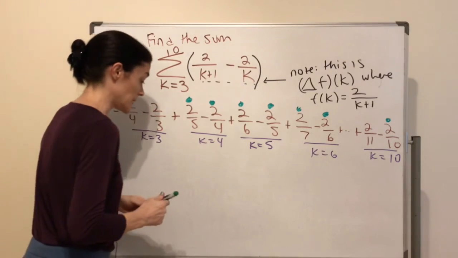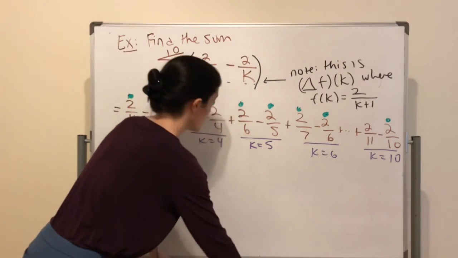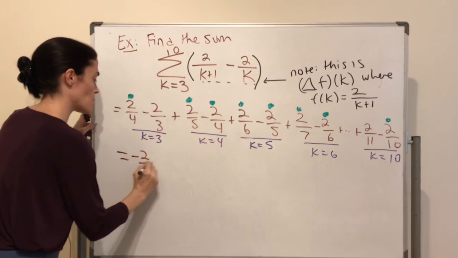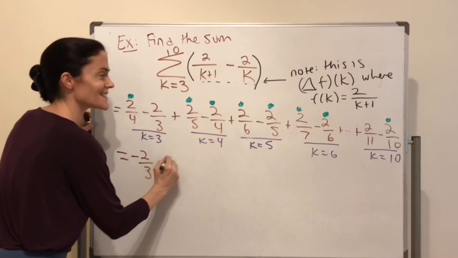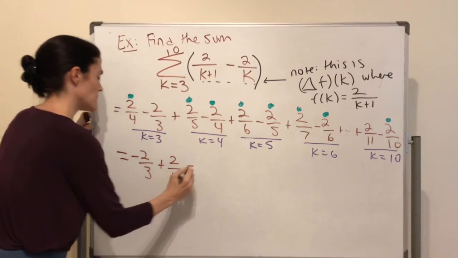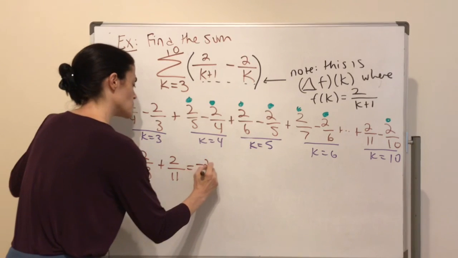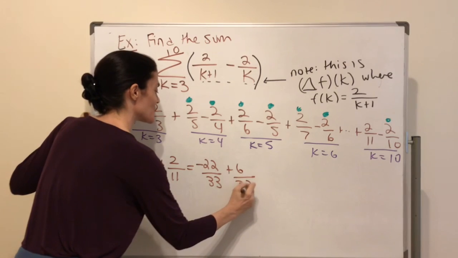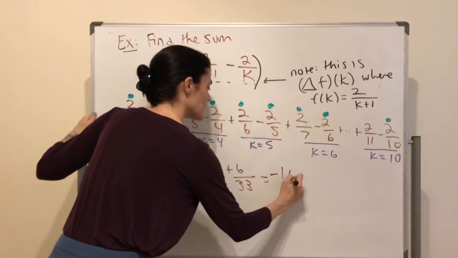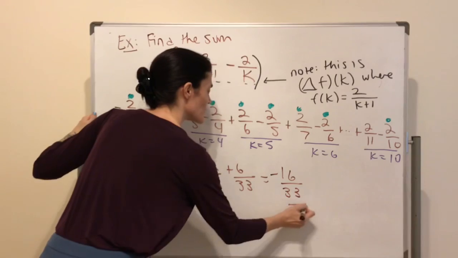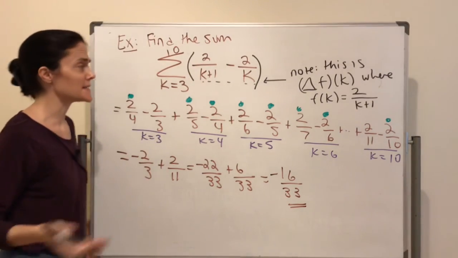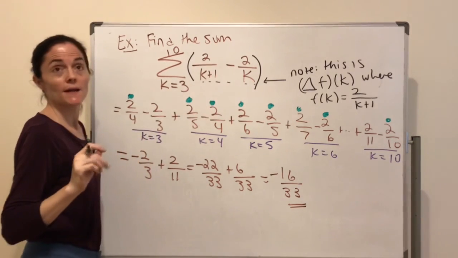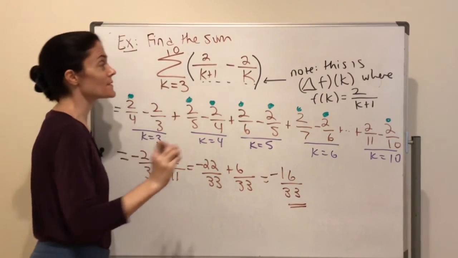And so we're left here with minus 2 over 3 plus 2 over 11, which is minus 22 over 33 plus 6 over 33, minus 16 over 33. This sum is negative, and it makes sense. If you look at any one term, 2 over k plus 1 is smaller than 2 over k.